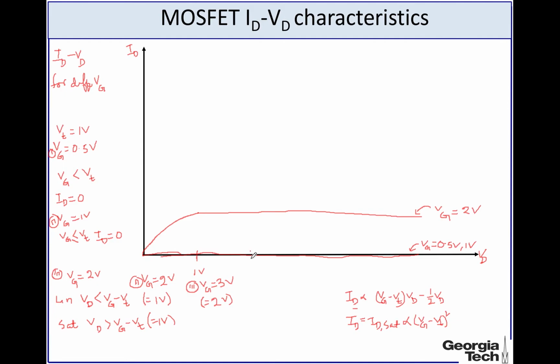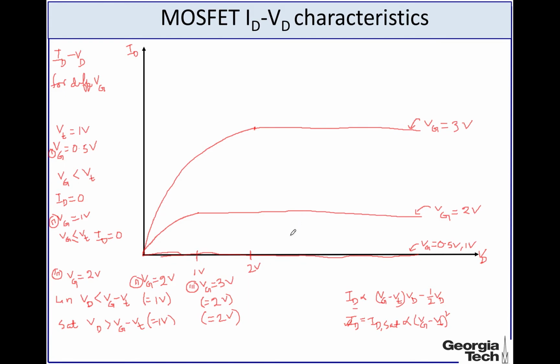So this is the 2 volts here. This curve will look something like this, and when VD is larger than 2 volts, it will follow the saturation equation where it becomes independent of VD. So then this curve will look something like this, and this is for VG equals 3 volts.